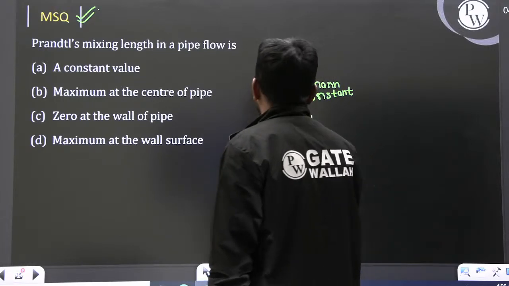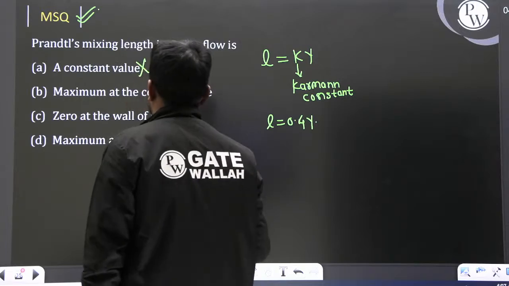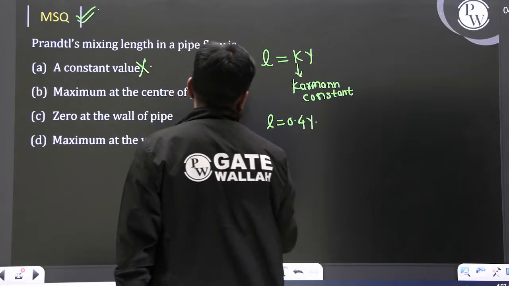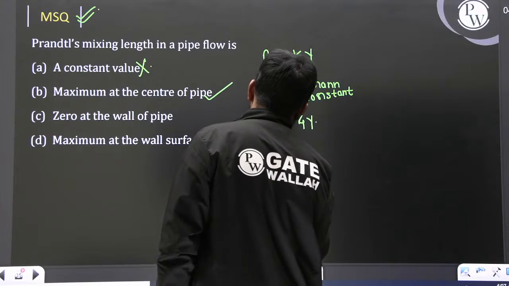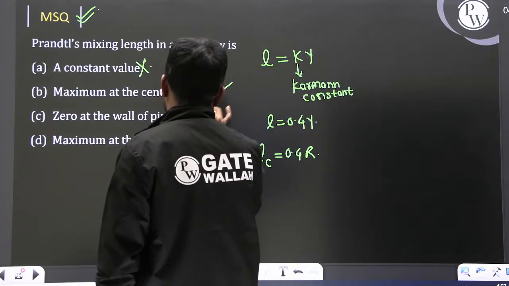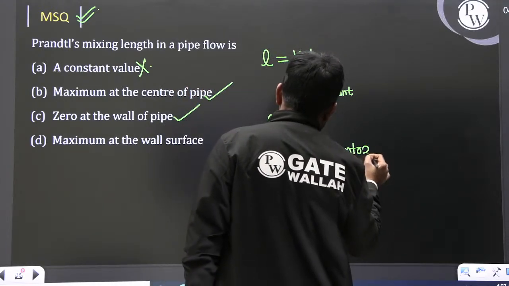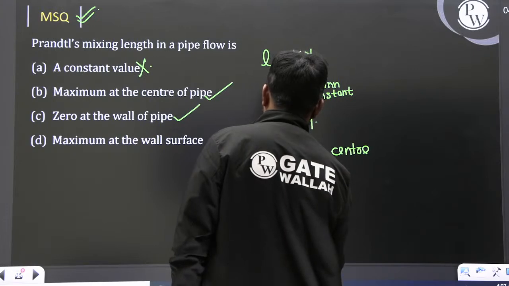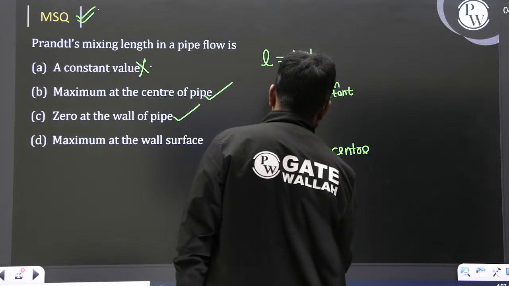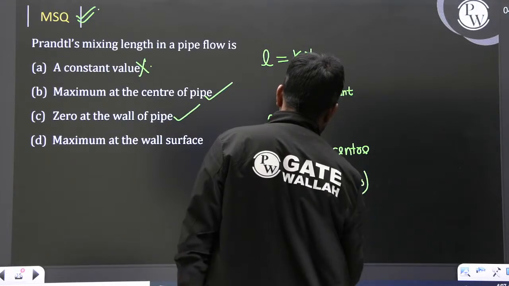And Y is the distance from the circumference. Is it a constant value? No. Maximum at the center of the pipe? Yes, because at the center of the pipe, Y will become R. And 0 at the wall? Yes, because at the surface Y is equal to 0.